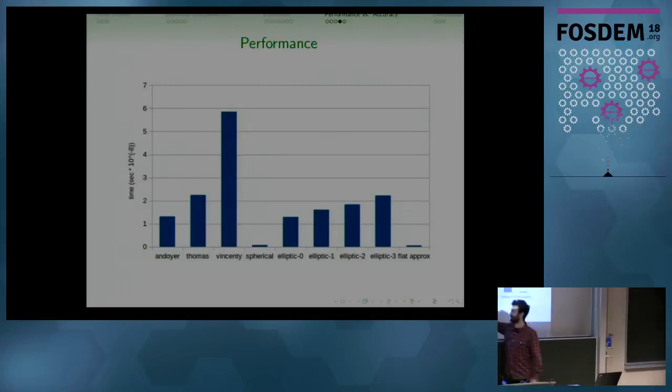And then spherical is much faster, as you can see. It's 10 times faster, maybe more than Vincenty. And the flat approximation formula, it's not very good in this graph. So the previous graphs are in log scale. So here, even if it's not clear, the flat approximation formula is maybe 2 times faster.